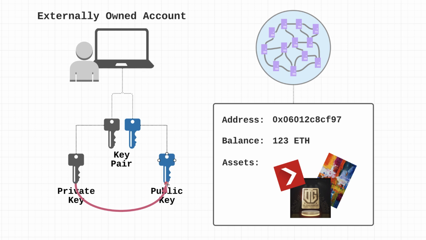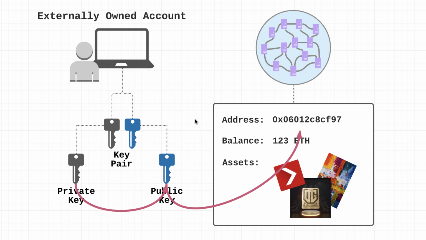Now, what is the relationship between the public key and the address? In order to generate the address from a public key, you essentially take the hash of the public key, and it's kind of weird, but you take the last 20 bytes of that hash and then add a 0x to the beginning of it, and this gives you your address.